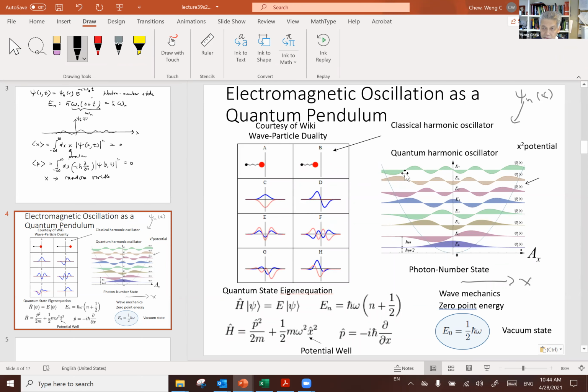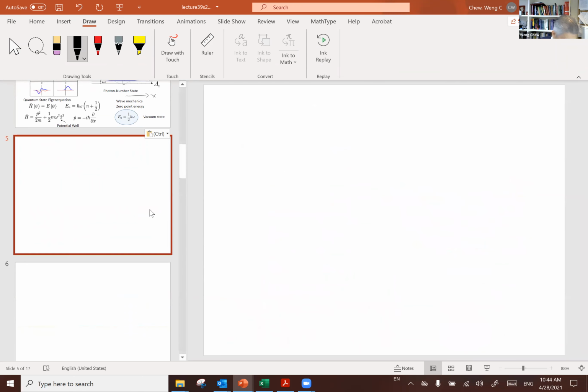So what we need to do is actually to take a linear superposition of these photon number states and make them into wave packets so that the wave packet can describe more classically the movement of the pendulum. Okay, so let's see what we can do here.